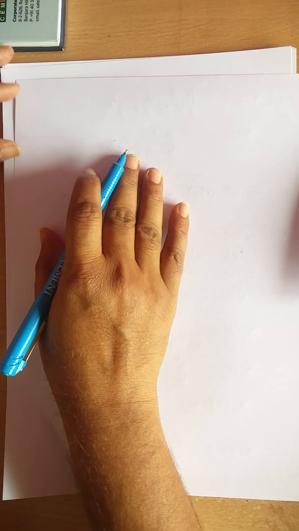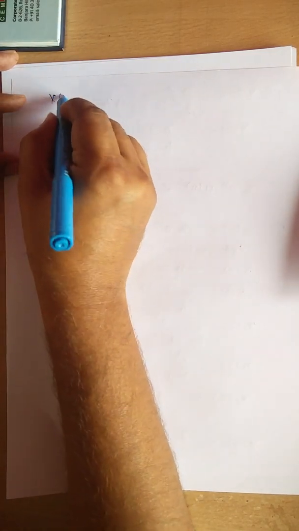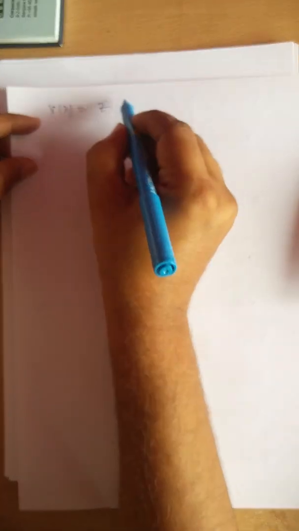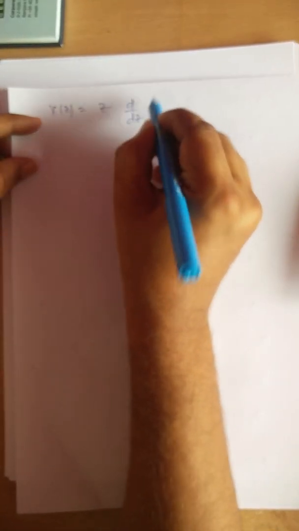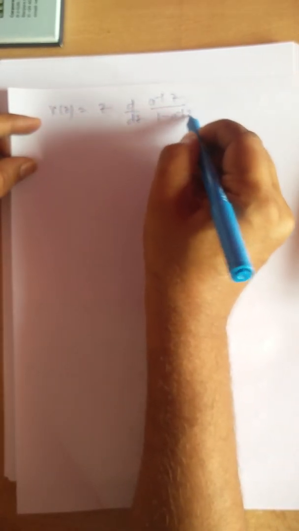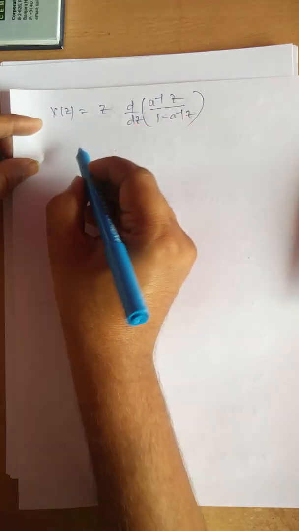You get x of z is equal to z into the differentiation of a inverse z divided by 1 minus a inverse z.